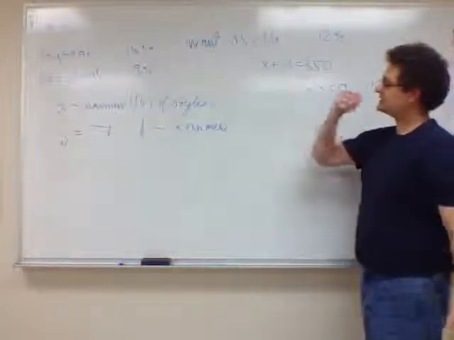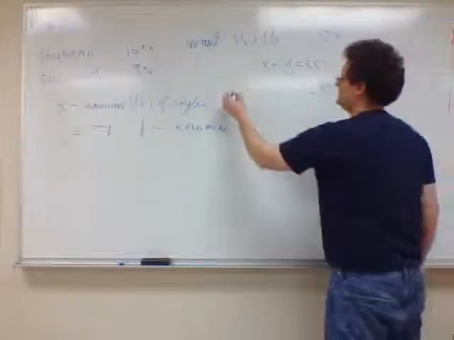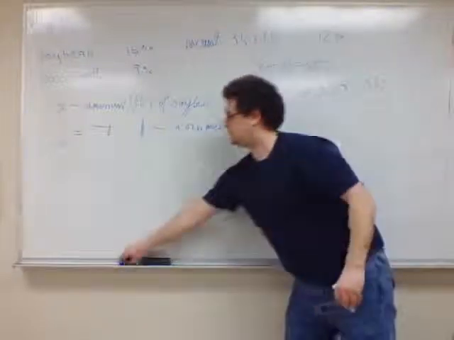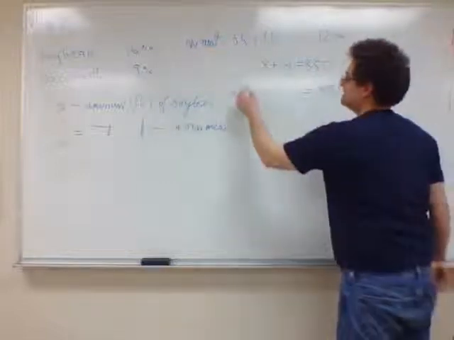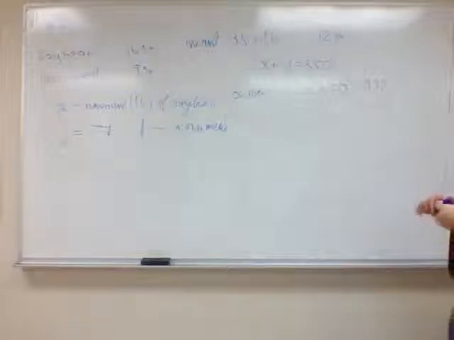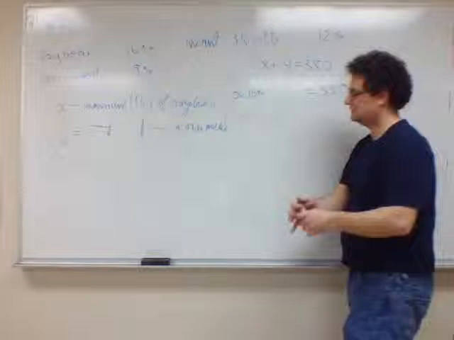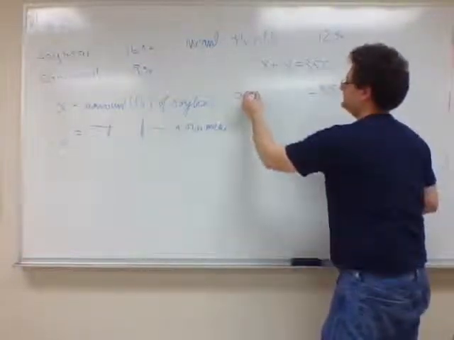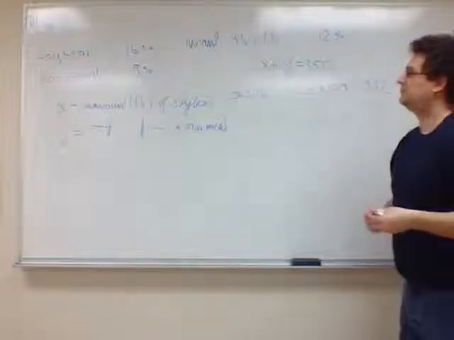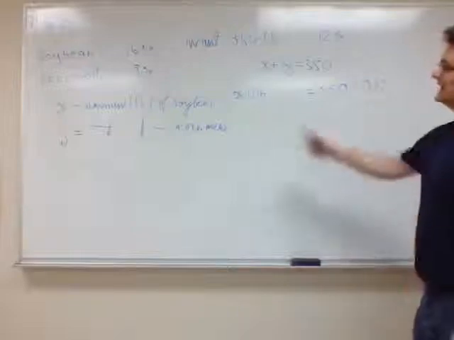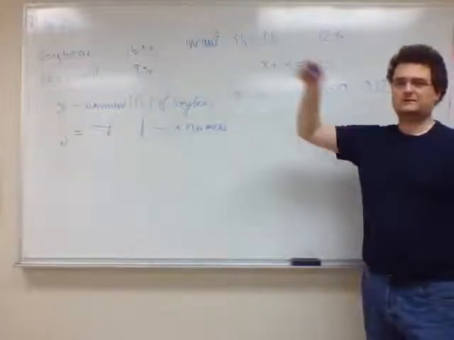So soybean contribution is going to be, if you have X pounds in this mixture and you have 16% of proteins in these X pounds. So in total you have X times 0.16 pounds of proteins that come from soybean.